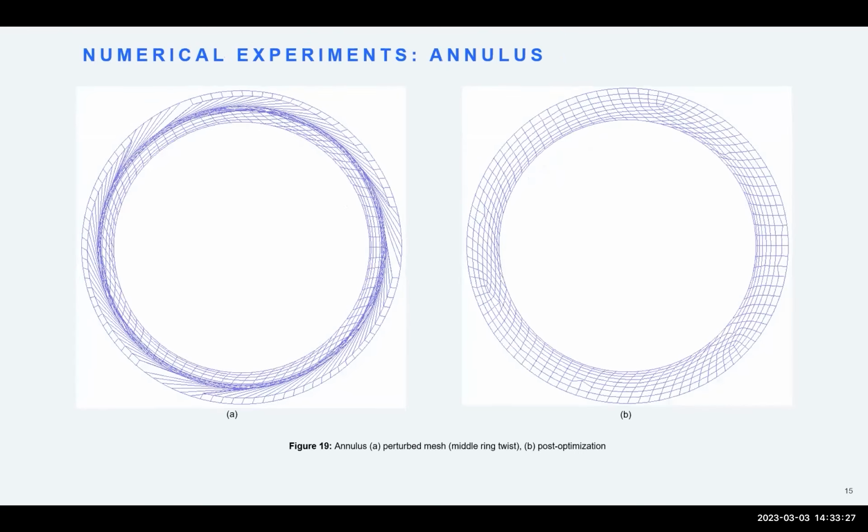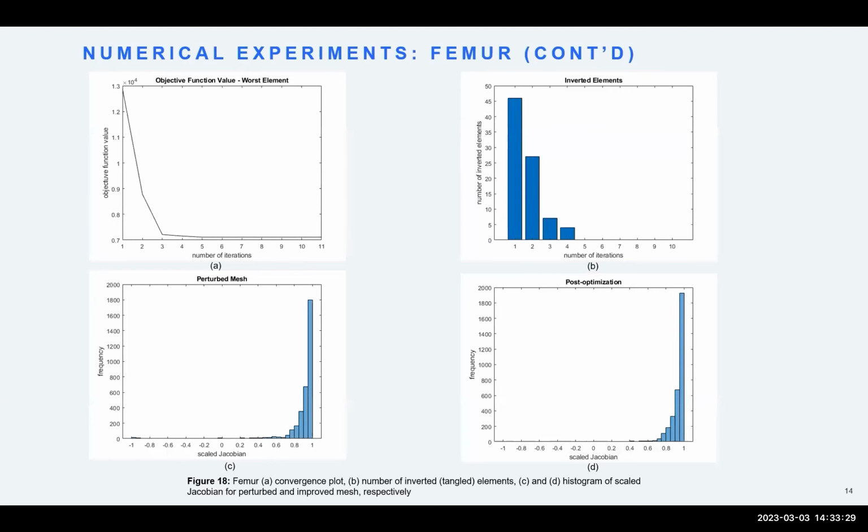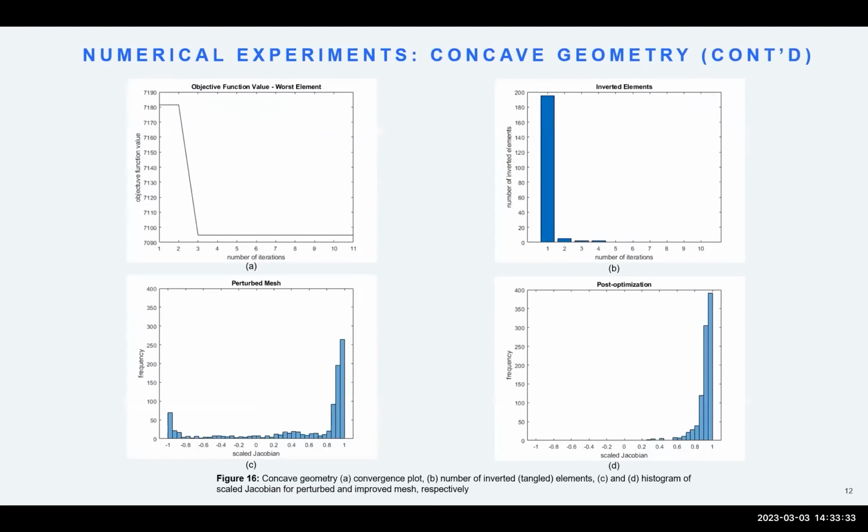Yes, so for that we have the escape Jacobian metric. If I go to this example, escape Jacobian is negative or 0 for degenerate and tangled elements. And this shows us the distribution of the escape Jacobian value, the value of the metric for all the elements in the mesh. So those negative values and 0 values are degenerate and tangled elements.